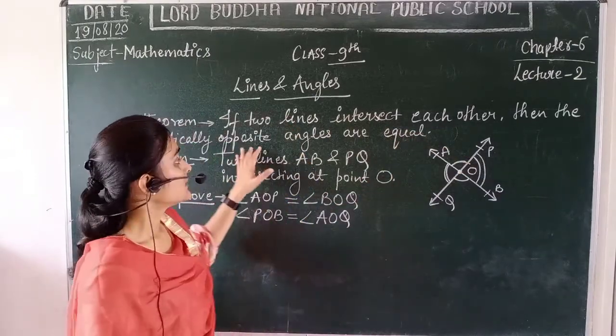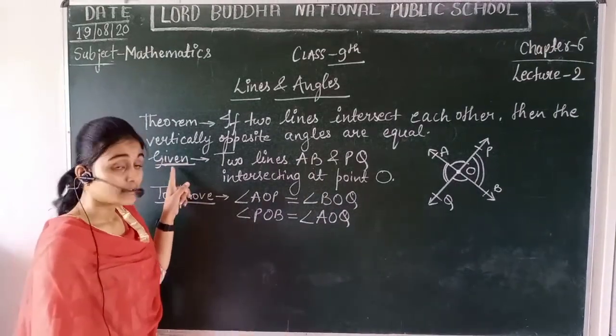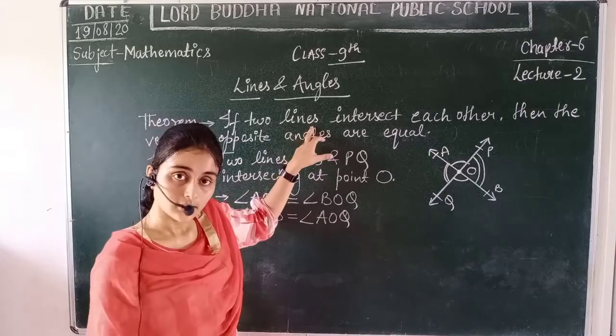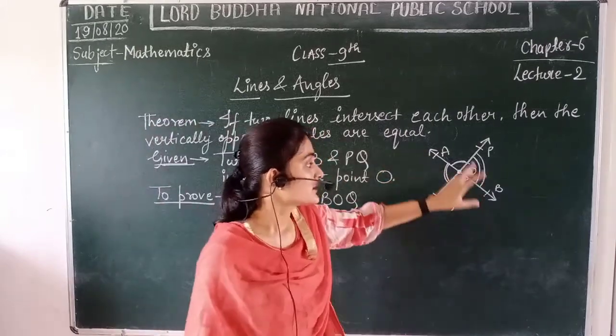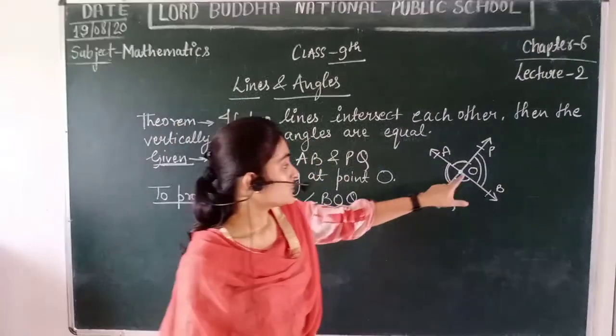So what we have written till now is the theorem, which is stated as: if two lines intersect each other, then the vertically opposite angles are equal. Then you wrote all the given points under the given section. First you have drawn a figure relating to this theorem. You drew two lines and you named them AB and PQ and they intersect at a point, what?